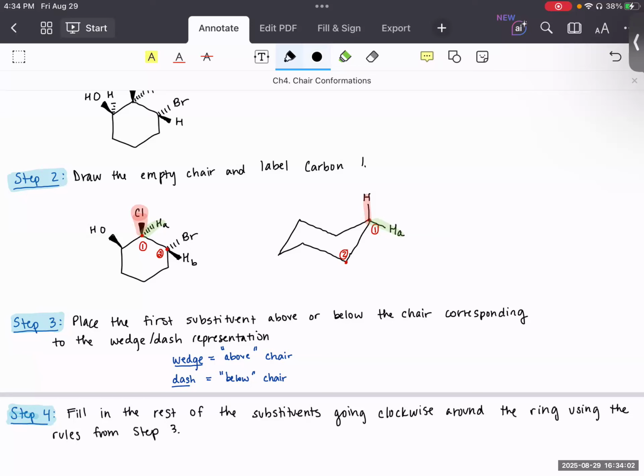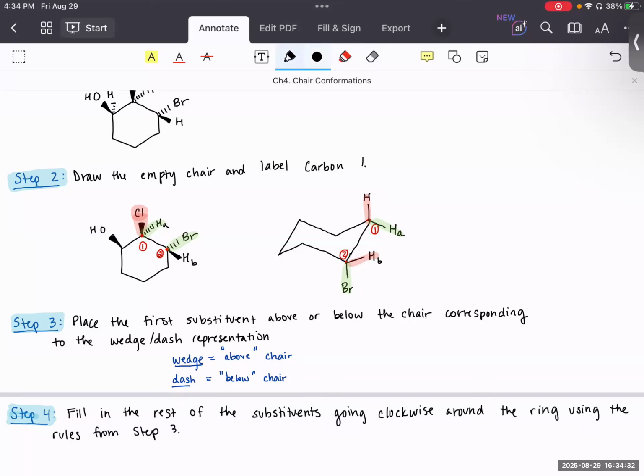What we can see now is that that bromine is dashed, and so it has to be facing down. Out of the 2 possible lines that that carbon can have, the bromine is tilted down, and HB, which is wedged, is going to be slightly tilted up. And so we can see now that our 2 dash groups are both facing down, and our 2 wedge groups are both tilted up.